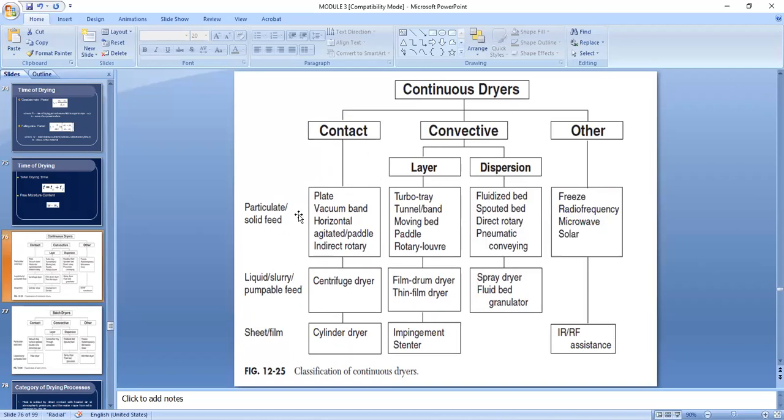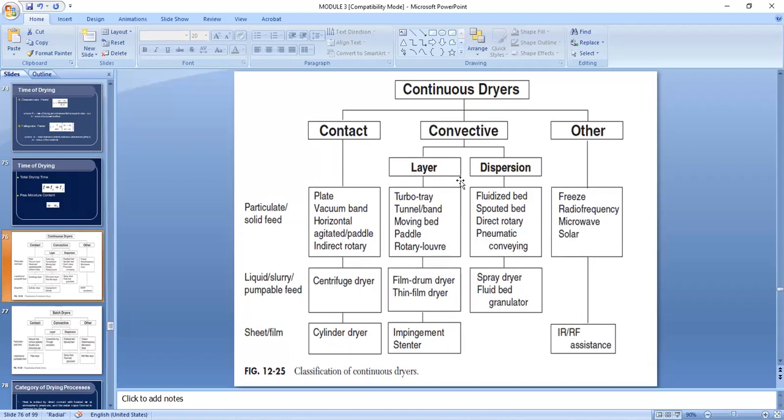So if it's particulate or solid feed but convective type, if it's layer type, you have this type of dryer, and dispersion type, you have this type. These are specialized types of drying: the freeze drying, the drying using radio frequency and microwave and even solar. The IR here that you see is infrared, and you have your radio frequency for the RF.